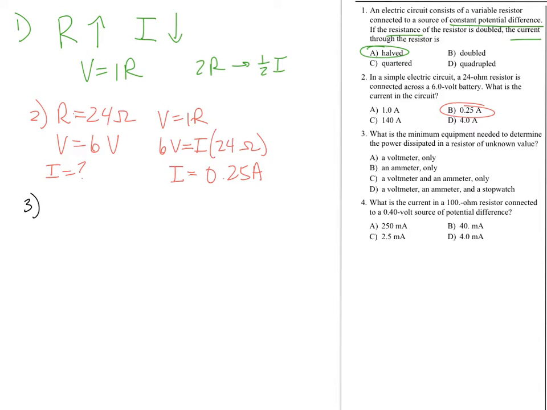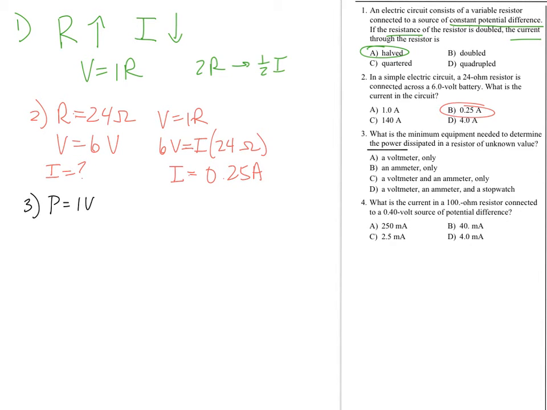Number 3. What is the minimum equipment needed to determine the power dissipated in a resistor of unknown value? Alright, power. There are different ways to calculate power.